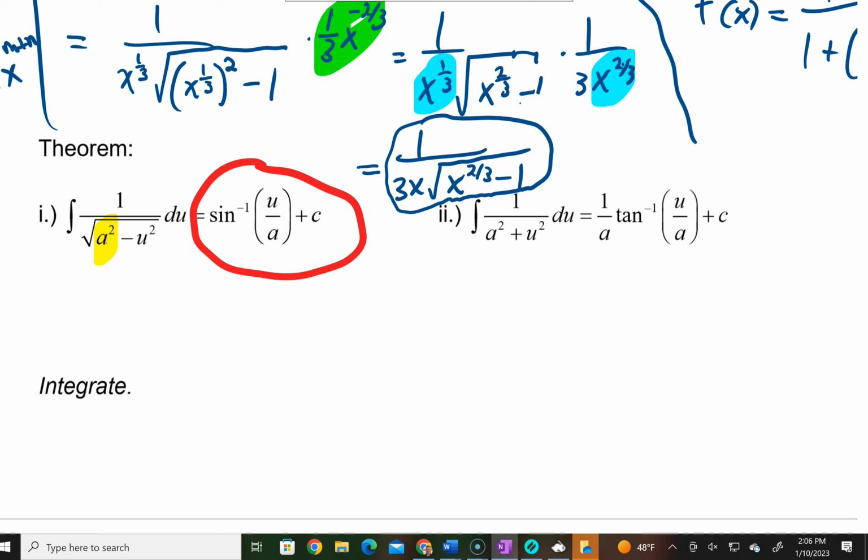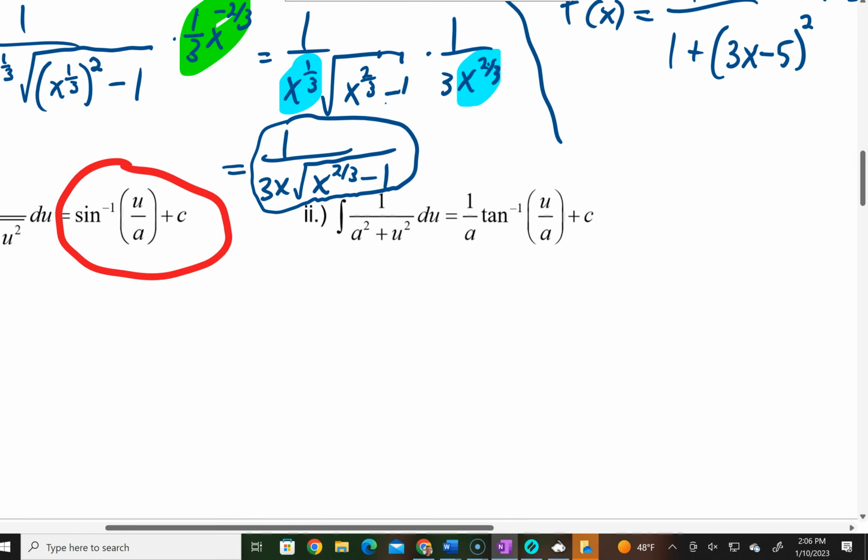The second integral that we're going to work with is inverse tangent. I'm not going to give you anything with an inverse cosine. We're just going to keep it to these two forms, okay? But again, this one right here, oh wow, this is 10 times more popular.